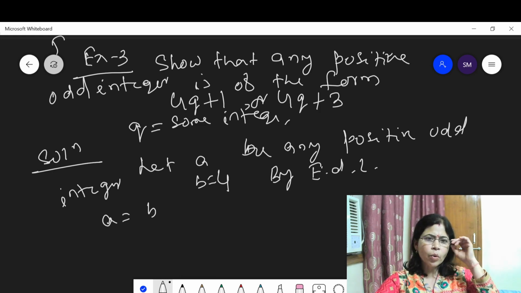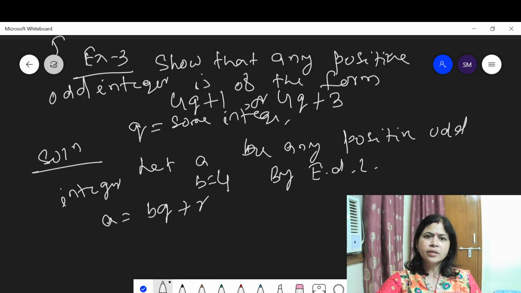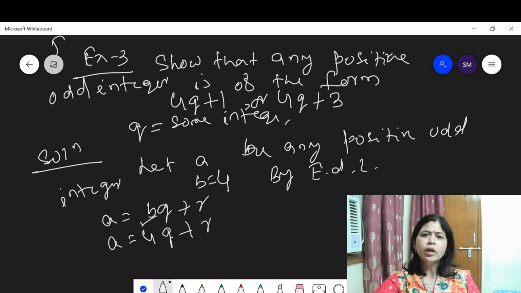a is equal to bq plus r, so here a is equal to 4q plus r. When b is equal to 4, Euclid division lemma says r is greater than or equal to 0 and less than b.